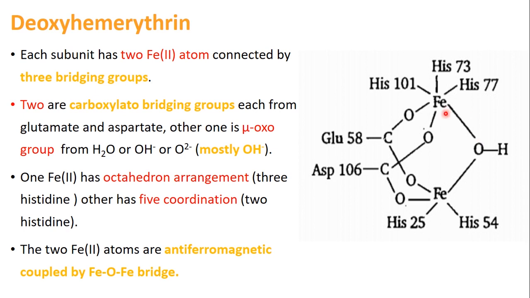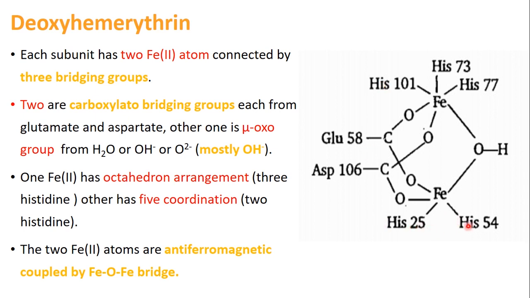As you can see here, this Fe is surrounded by 6 bonds, that is, it has an octahedral arrangement. But this Fe is only surrounded by 5 bonds, thus it has 5 coordination around it, and there is one vacant site present. Here there are 3 histidine groups, but here there are only 2 histidine groups.